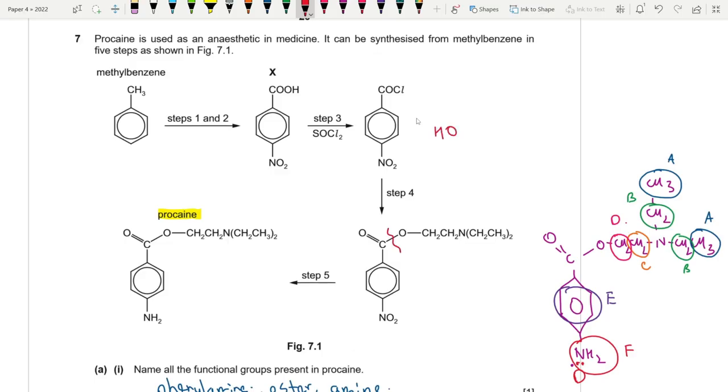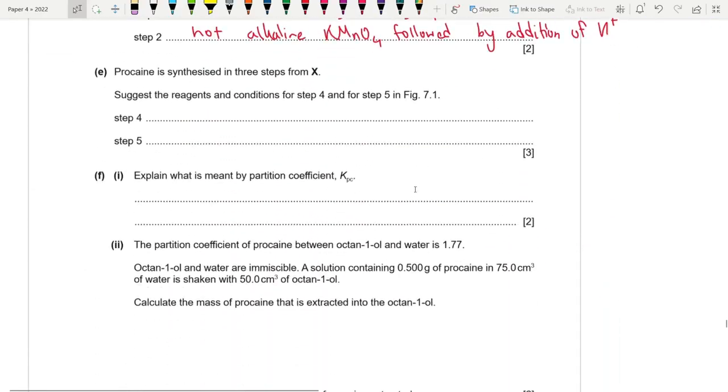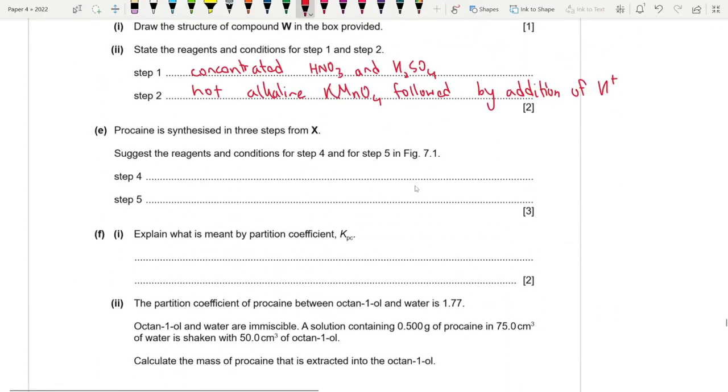So, we actually added this compound over here, CH2, CH2, N, CH2, CH3 to this thing. This is the compound, okay? We actually added this alcohol and amine, this intermediate thing. Okay, so we actually added this HO CH2, CH2, N, CH2, CH3, 2.